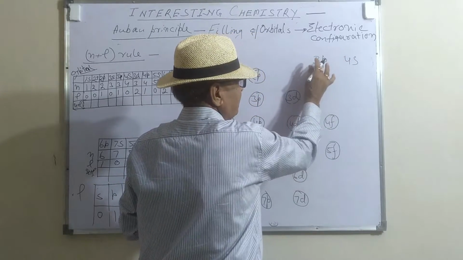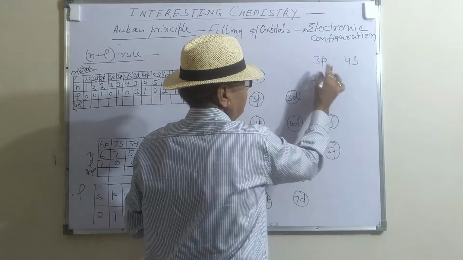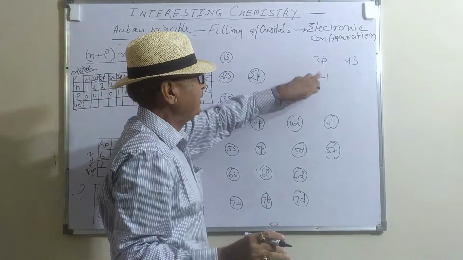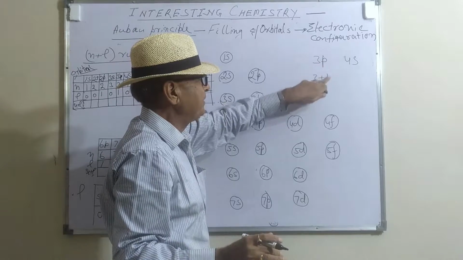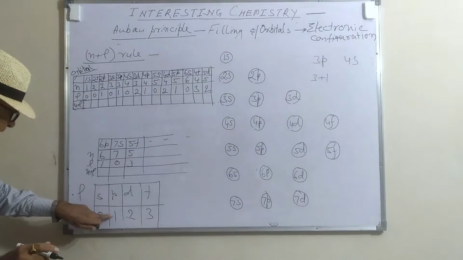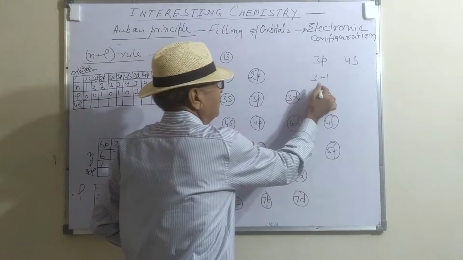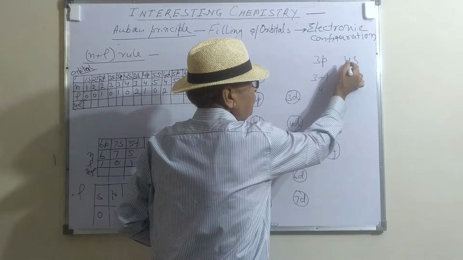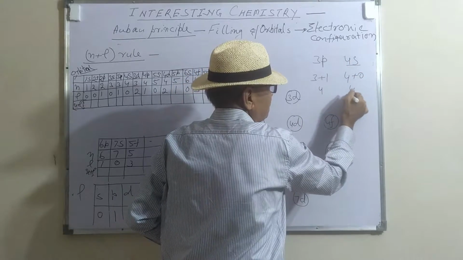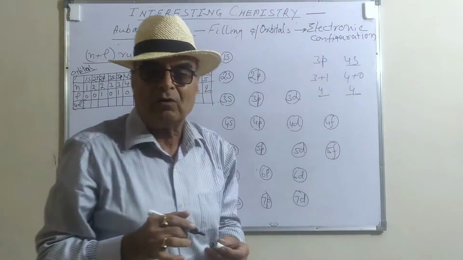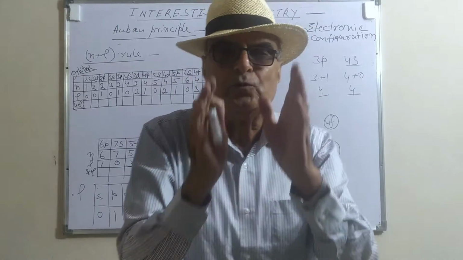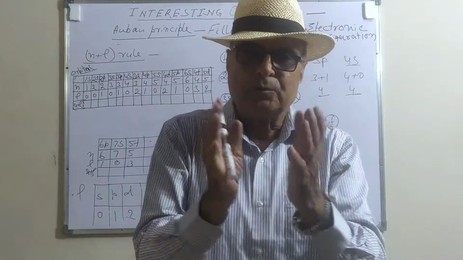For 3p, N is equal to 3 and L for p is equal to 1, so it is 4. And for 4s, N is equal to 4 and L for s is equal to 0, so it is also 4. It is also 4.